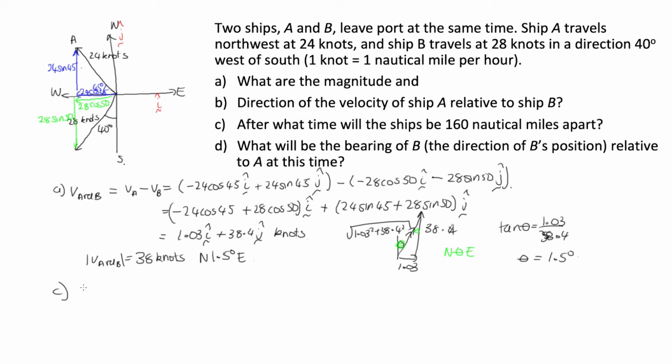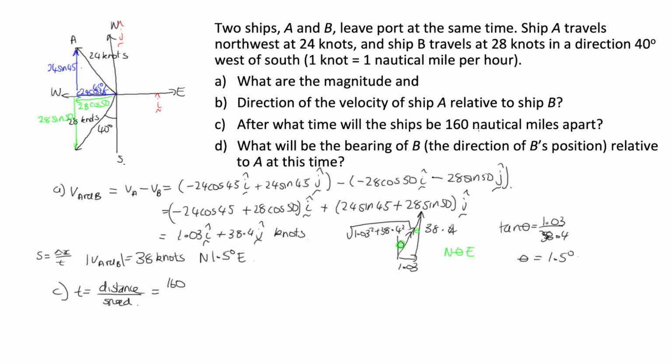So the time is equal to the distance divided by the speed. This is just because the speed is equal to the magnitude of the velocity, which is equal to the change in x, i.e. the distance it goes, divided by the time.